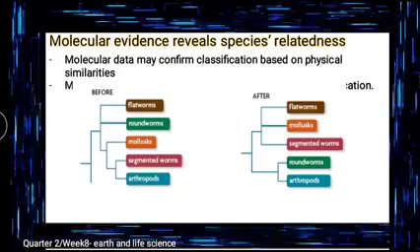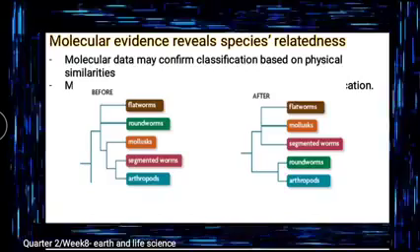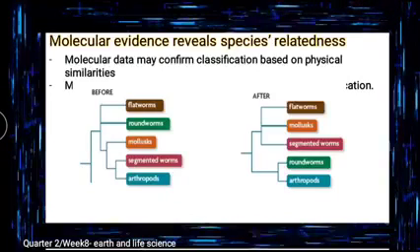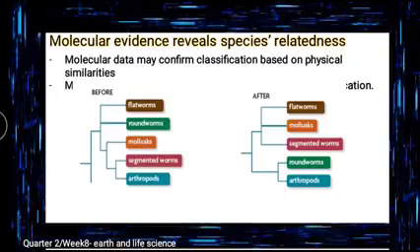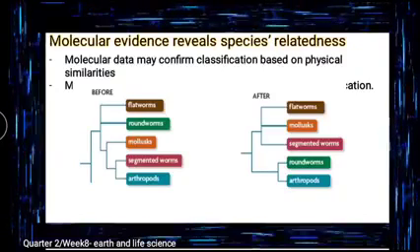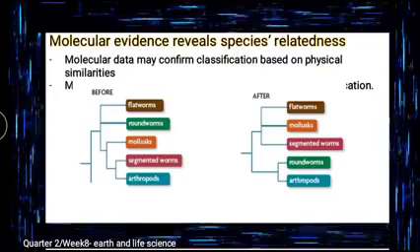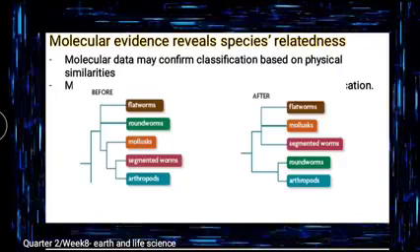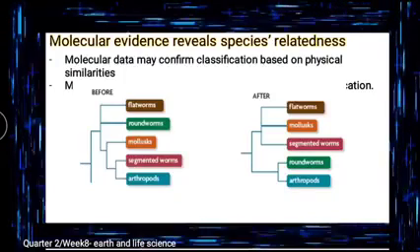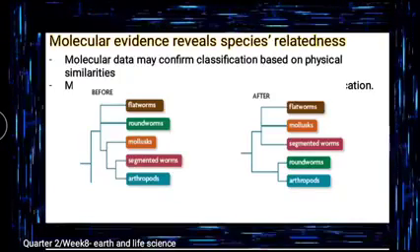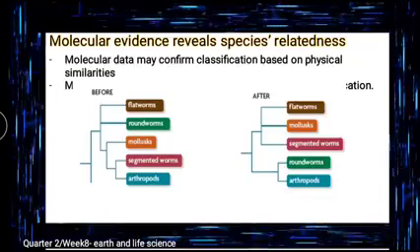So physical similarities may or may not reflect DNA. They may or may not reflect how these organisms are related to each other when you compare their DNA sequences. Because the DNA sequences, the molecular data, could ultimately be the most accurate determiner of evolution, whereas physical similarities may or may not match the DNA due to molecular differences.